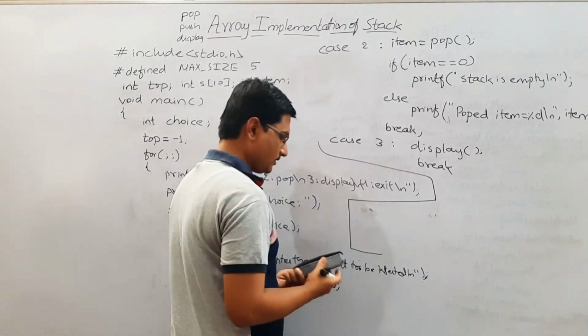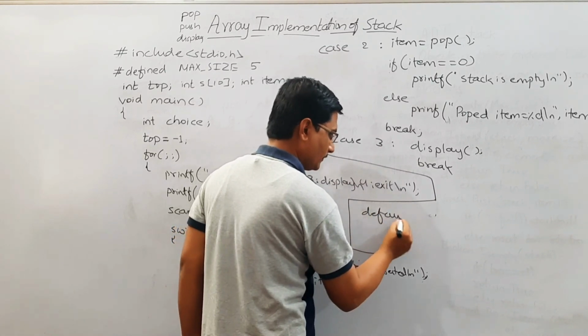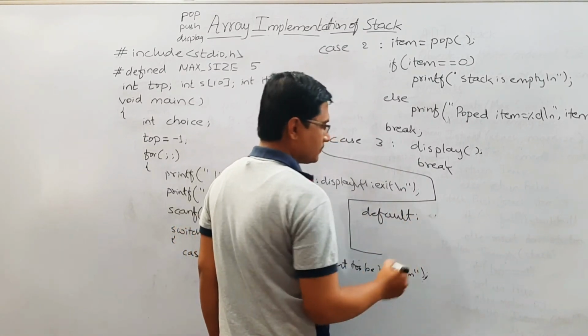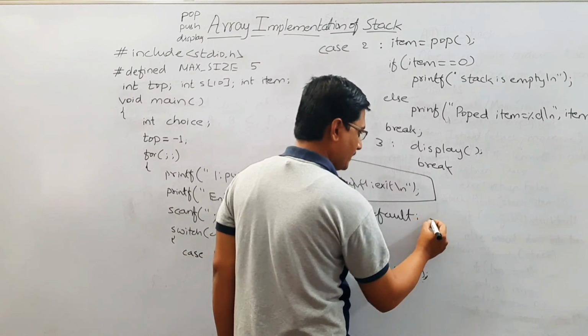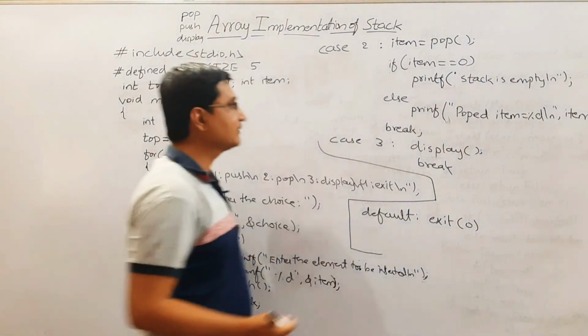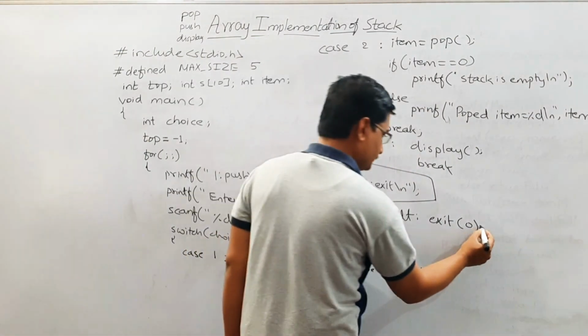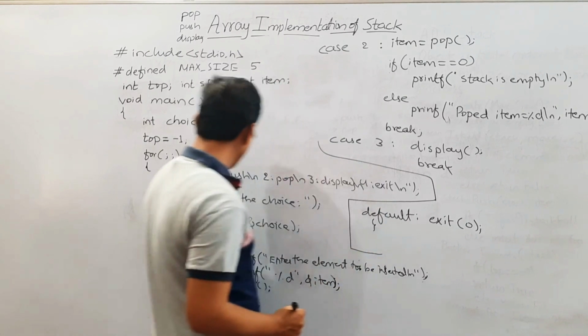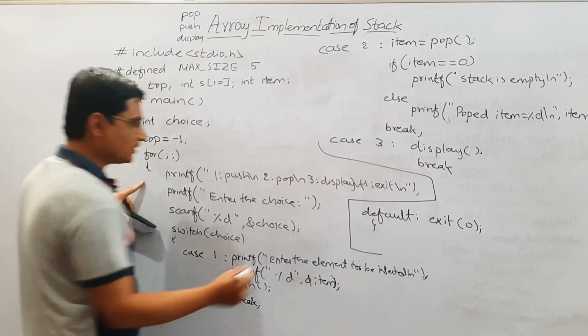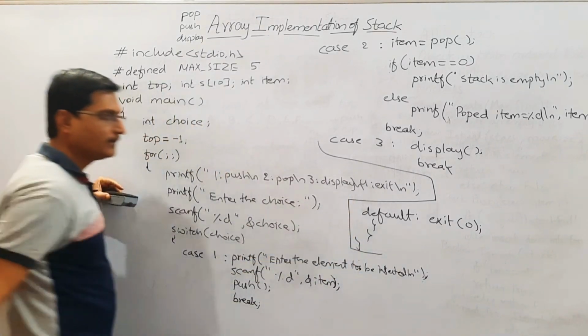The last choice in this switch is default. So default is we need to exit from this. If any other than 1, 2, 3, we need to exit. So close the switch statement and close the for loop and close the void main.